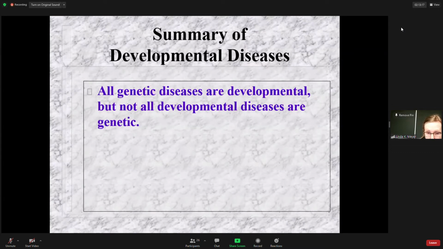I've shown you examples of things in the environment that can affect our normal development, like excessive fluoride, and congenital syphilis, caused by the microorganism Treponema pallidum.